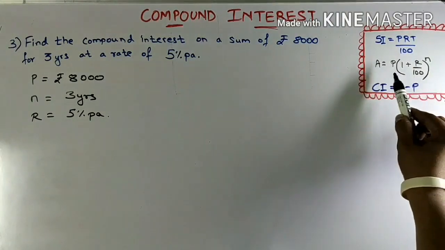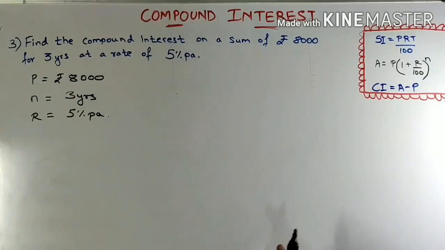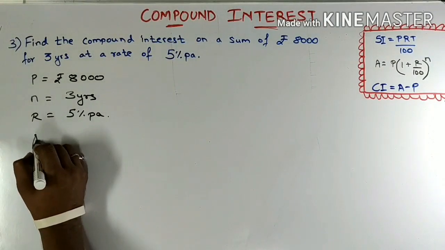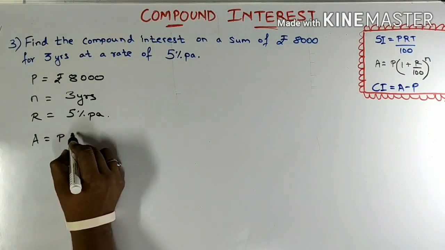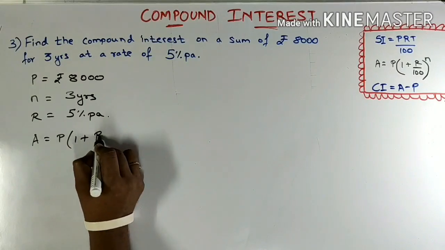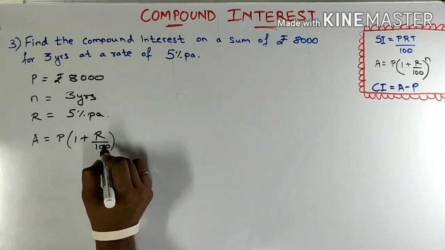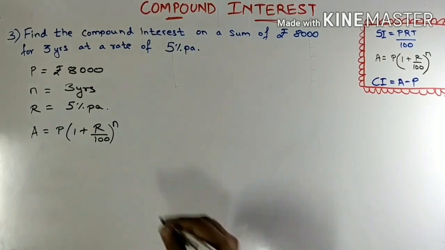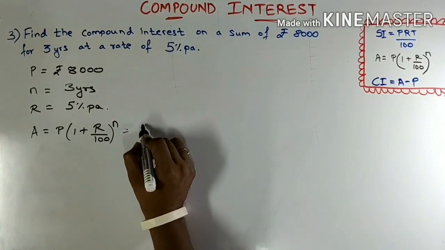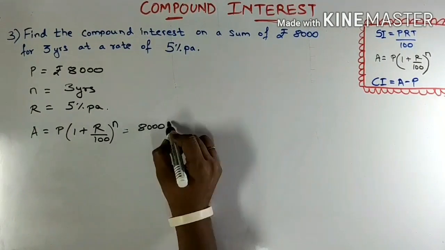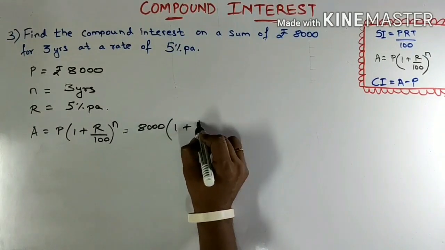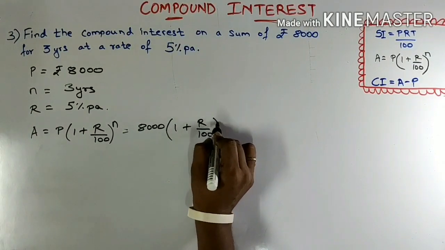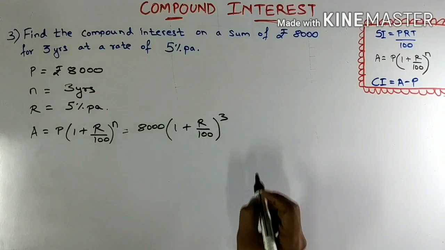We will first find the amount which is to be paid at the end of 3 years. So amount is given by P into 1 plus R by 100, the whole raised to n. Substituting the values, we get 8,000 into 1 plus R by 100, the whole raised to number of periods, that is 3.